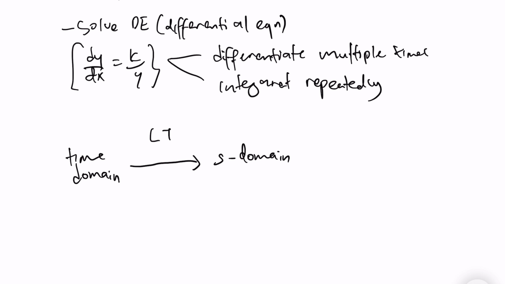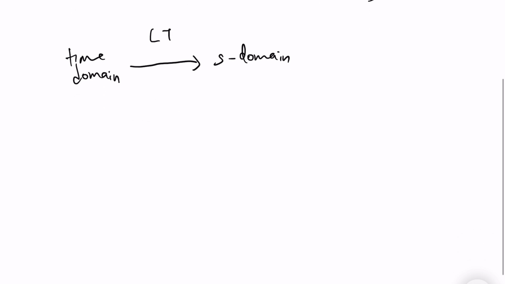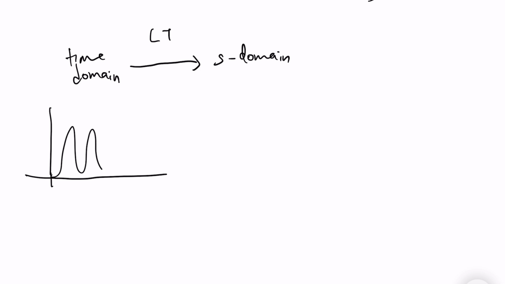When we talk about something that changes over time, it's like we have this graph. This is the function, and the time is moving, the signal is changing over time, and we can see this is a time domain graph.